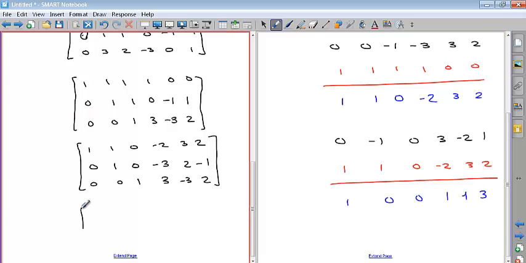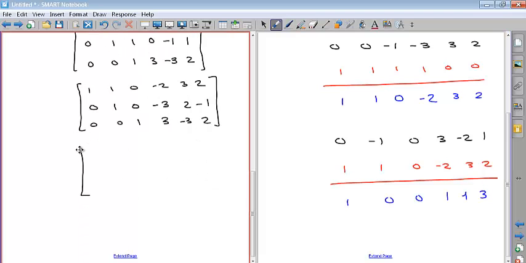So my final augmented matrix is going to be 1. So I'll replace this for row 1. So I get 1, 0, 0, 1, 1, 3, 0, 1, 0, -3, 2, -1, 0, 0, 1, 3, -3, 2.